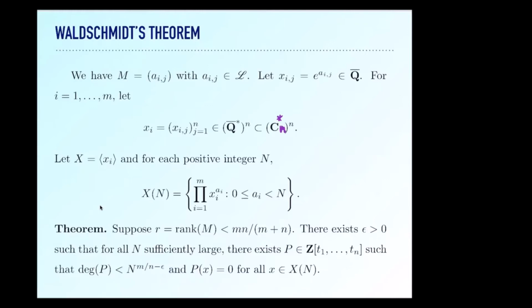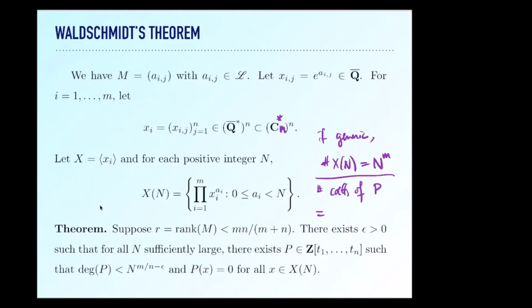As I mentioned, if these were completely generic, if I took random complex numbers, then the size of X of N would be N to the m. And the number of coefficients of my polynomial P: it has degree N to the m over n minus epsilon, and it's a polynomial in n variables.